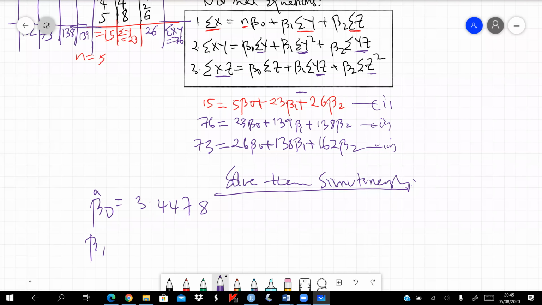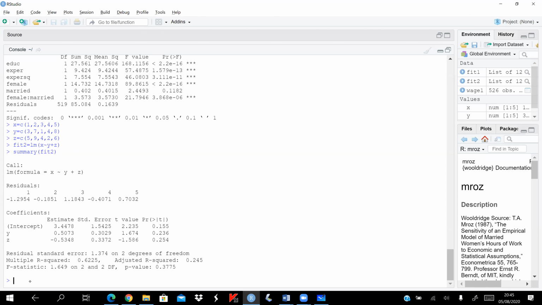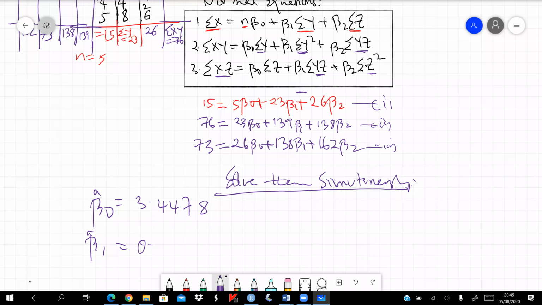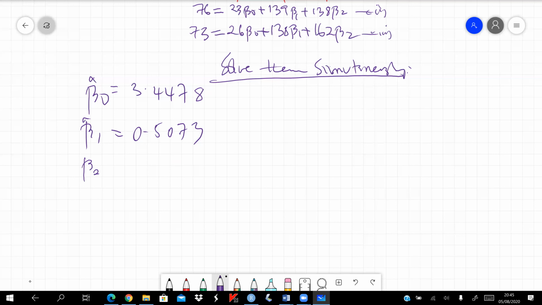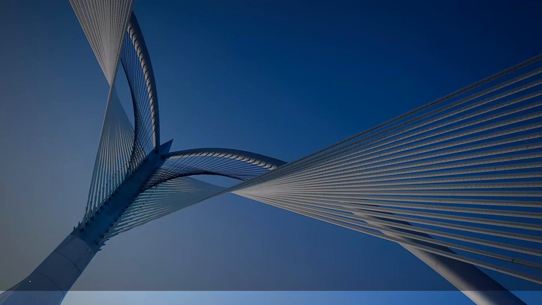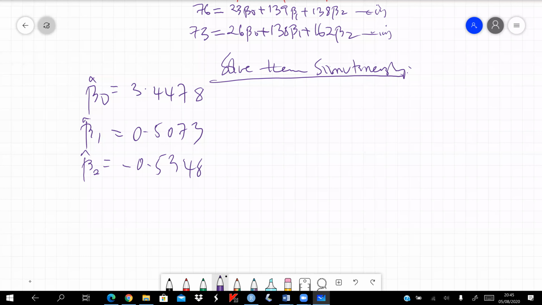And the value of beta 1 estimate will be 0.5073. And finally, the value of beta 2 estimate will be minus 0.5348. So confirm these values at home.